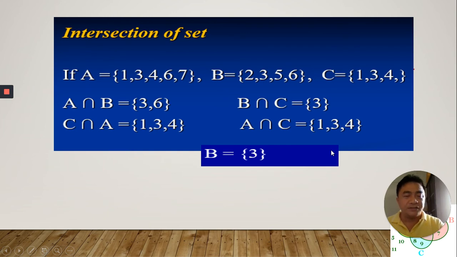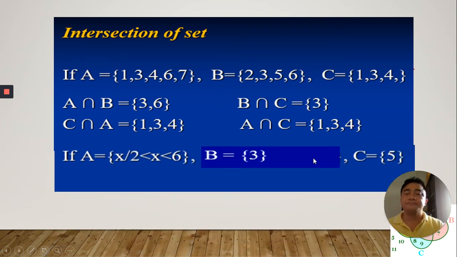Now the second example. We have here again the set builder notation, but the elements for this say that set A is equal to x such that x is greater than 2 but lesser than 4. So we have 3, 4, 5.